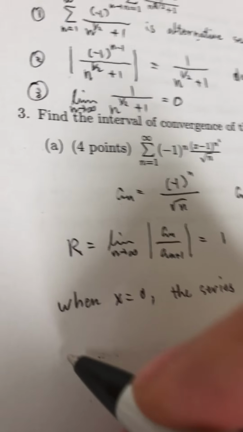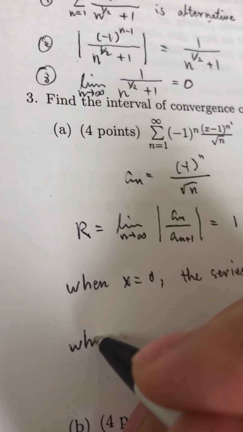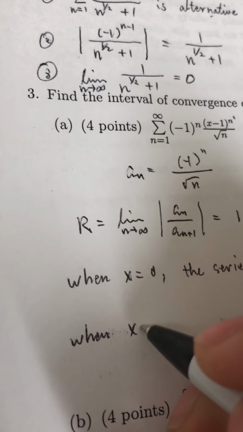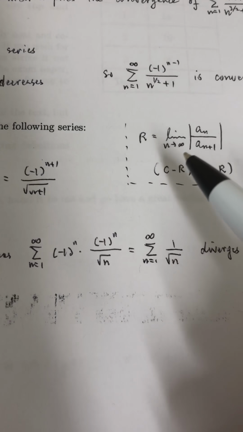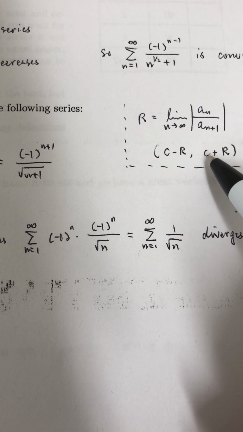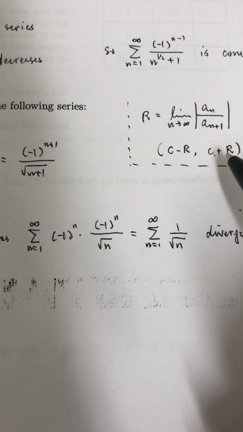Check the other point, when x equals 2. So C is equal to 1, R is equal to 1, C plus R is 2. That's how I found 2.